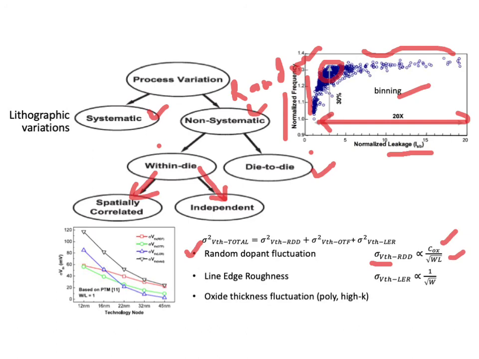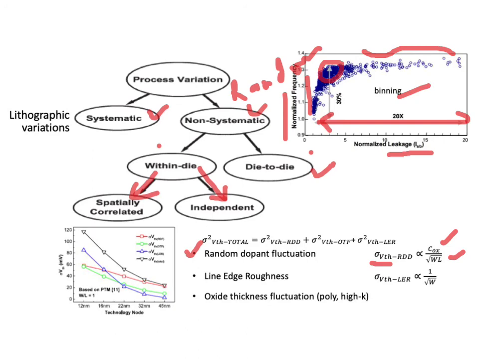So as we scale down the transistor lengths for more advanced process technologies, the standard deviation of the threshold voltage increases by the inverse of the square root of the length.